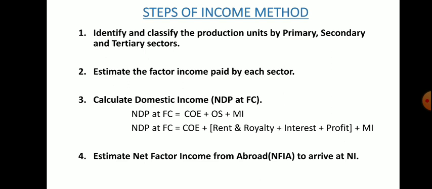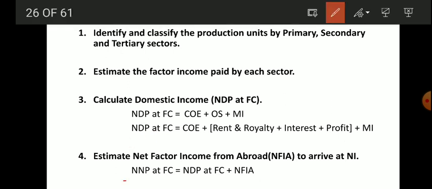Once you get this NDP at FC, you can estimate net factor income from abroad, that is NFIA, to arrive at national income. Once you estimate the NFIA, just add it to the NDP at FC. Then you will get NNP at FC, and this NNP at FC is nothing but national income, that is NI.